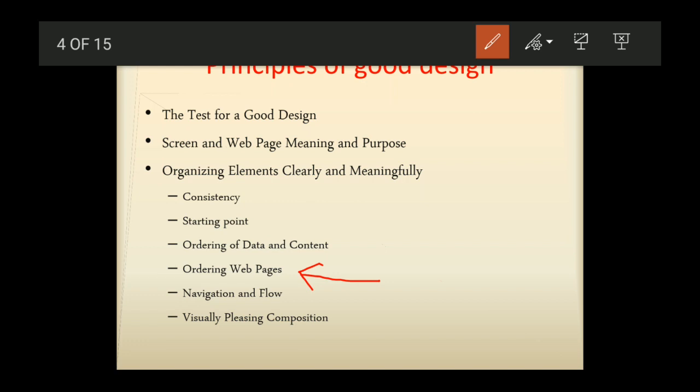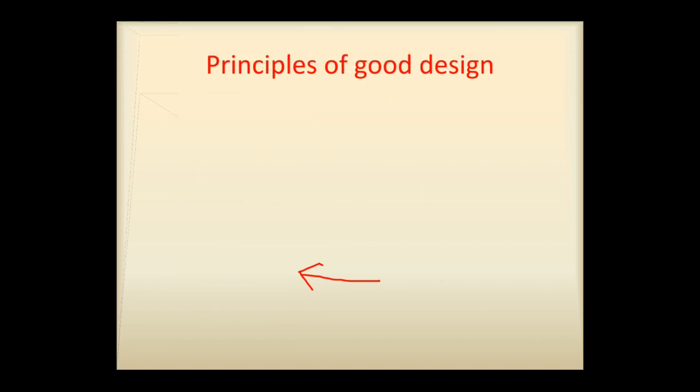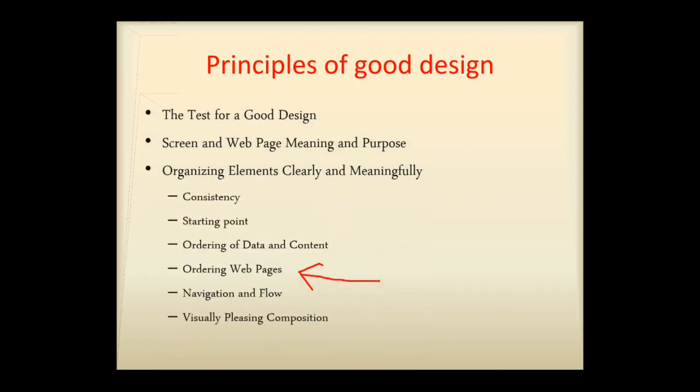Followed by it is navigation and flow. Navigation through a screen or a web page must be easy to accomplish, and it must be made obvious by grouping and aligning the screen controls and by using proper line borders in order to guide the human eye in proper navigation.